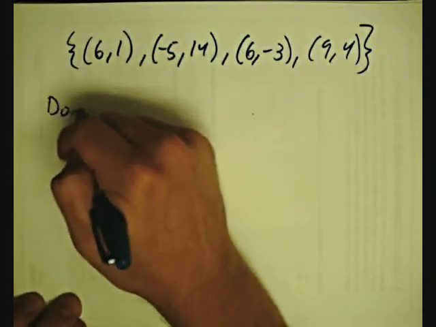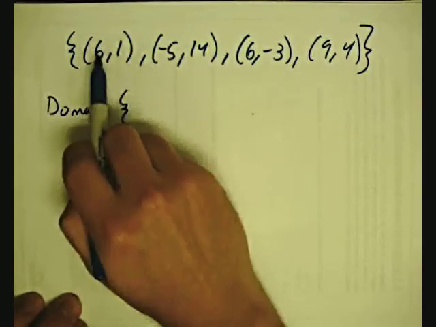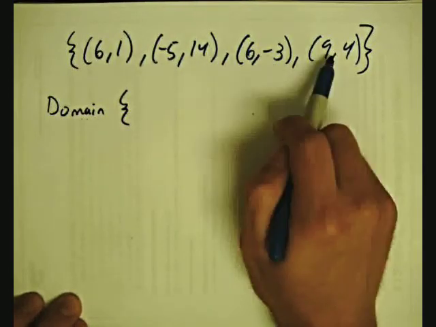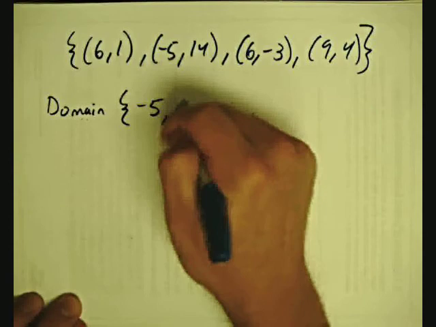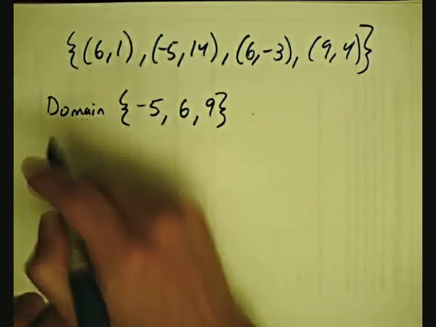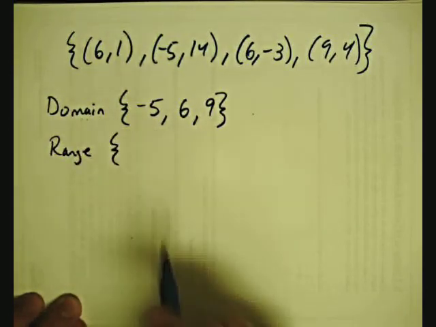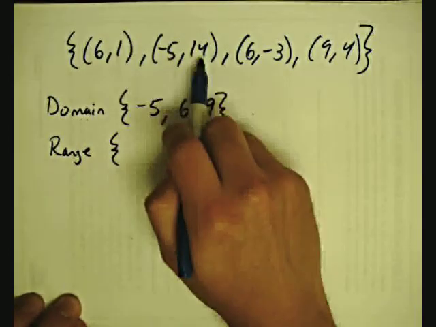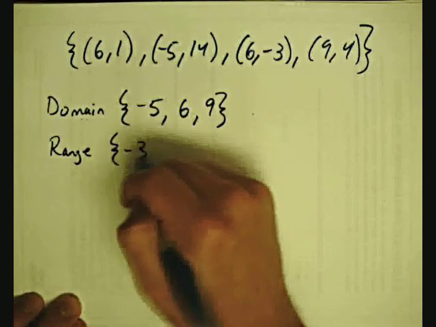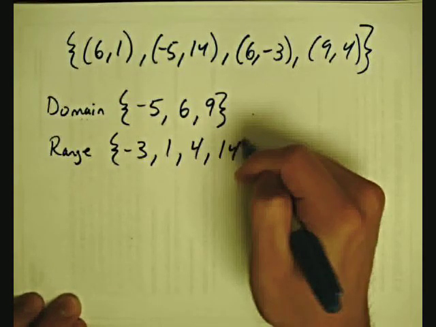Our domain is the first components, which will be 6, negative 5, 6 again, and 9. So negative 5, 6, and 9 is the domain of this relation. The range of the relation is 1, 14, negative 3, and 4. So negative 3, 1, 4, and 14.